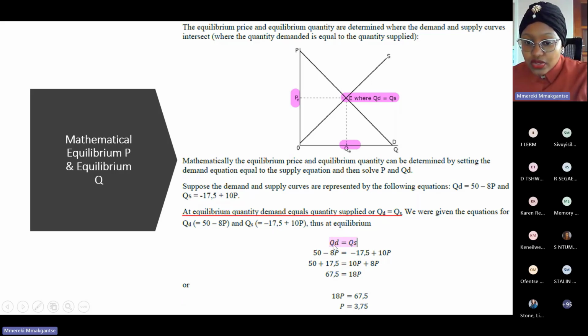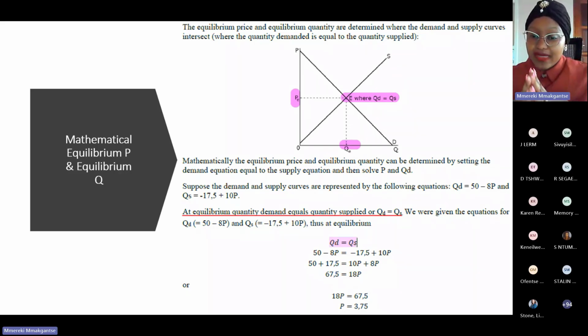We take our QD, which is 50 minus 8P, as we were given, and our QS, quantity supplied, which is negative 17.5 plus 10P. Put QD on one side and QS on the other.